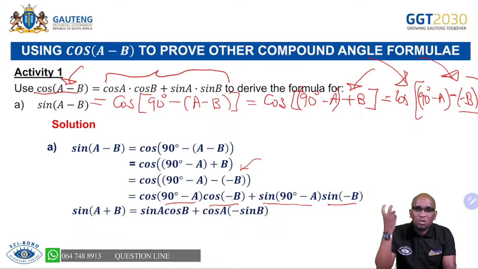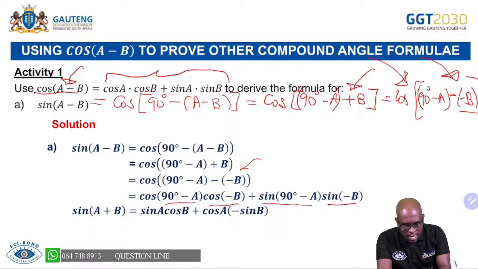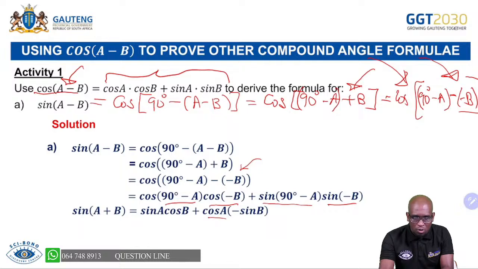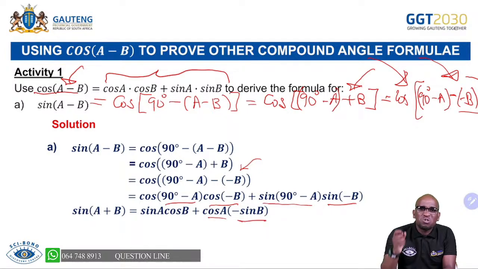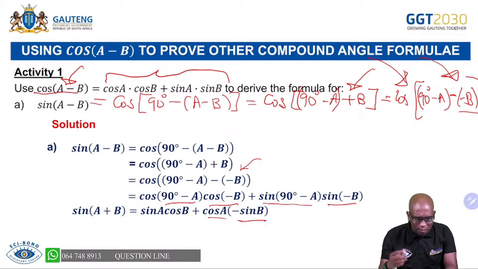So it becomes the cosine of B because it's located in the fourth quadrant and cos is positive in the fourth quadrant. And then from there, the sine of 90 minus A changes to a cosine of A, and the sine of negative B changes to negative sine B because the negative angle is in the fourth quadrant and only cosine is positive in the fourth quadrant.